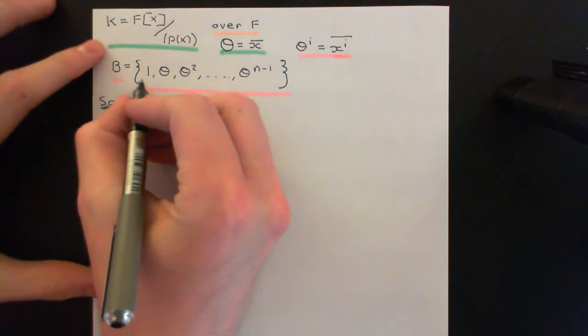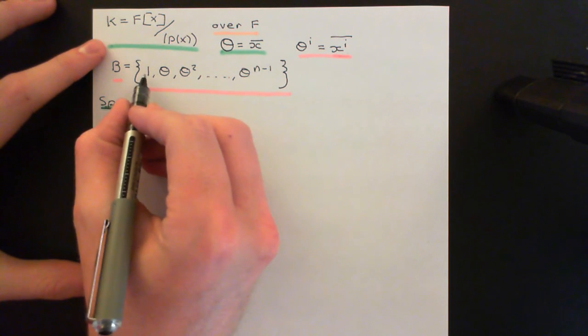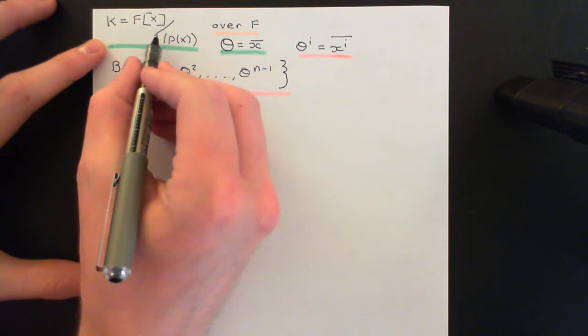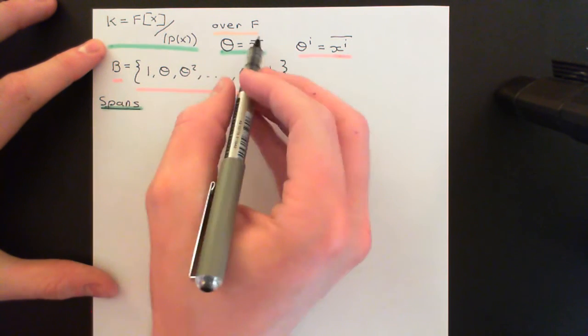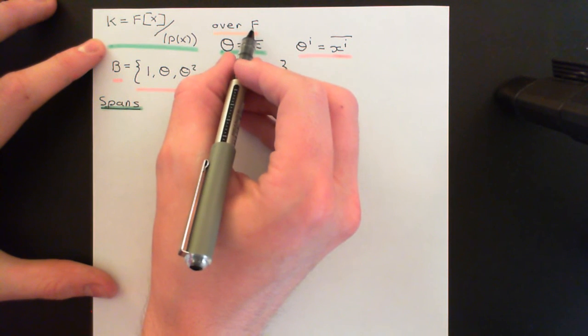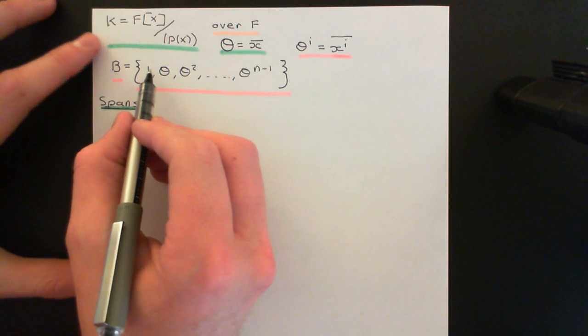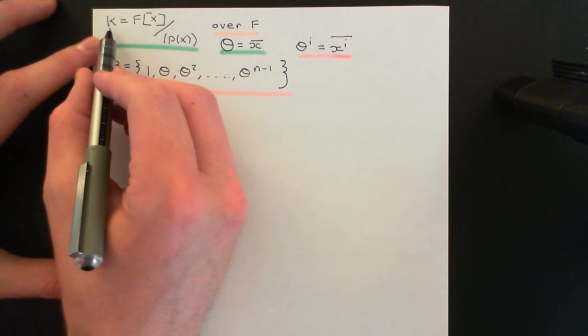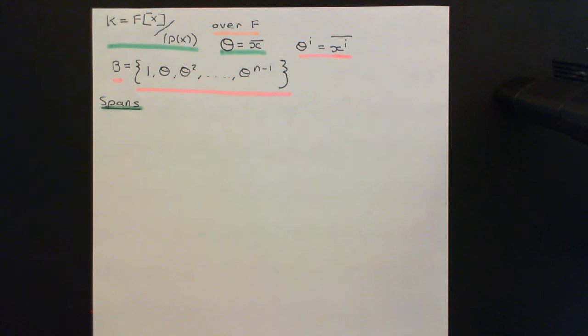If we consider a linear combination of these basis vectors, what we're going to do is multiply these elements by the elements of the field capital F. Now again, I'm steering clear of the barred notation, so I'm just going to denote the elements of the field capital F without the bars. But when we multiply them with these elements of the field extension K, it will be multiplication of the cosets, and we'll just use the representative that is the most obvious, which is the element of the original field.